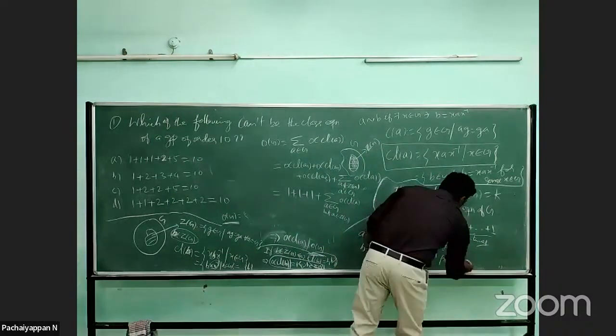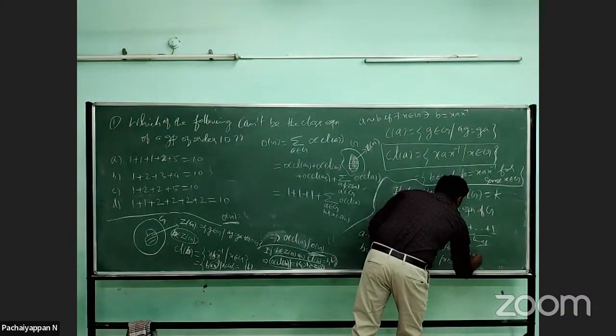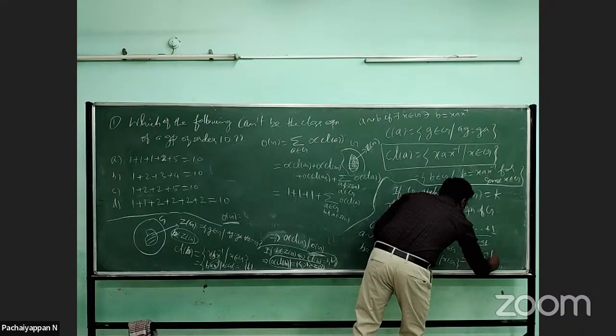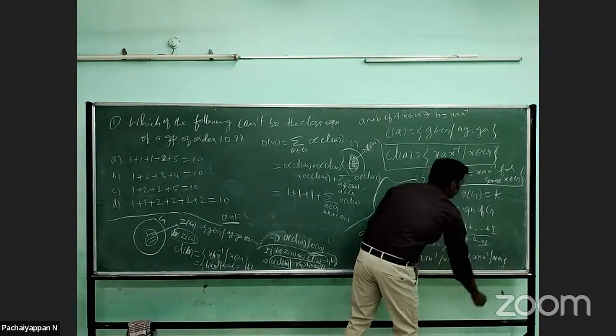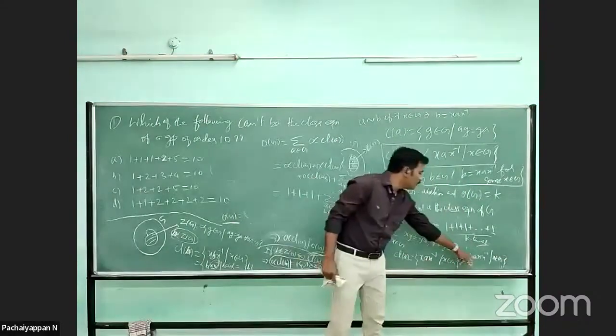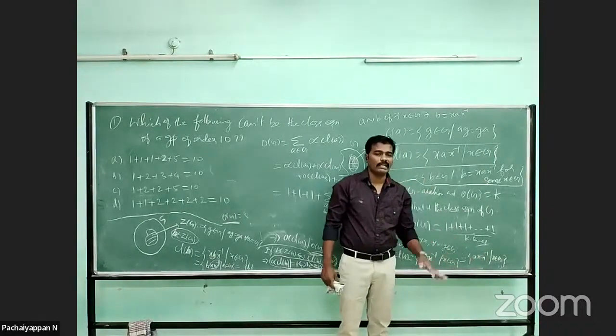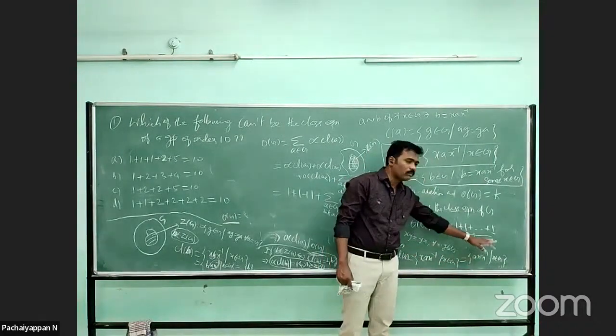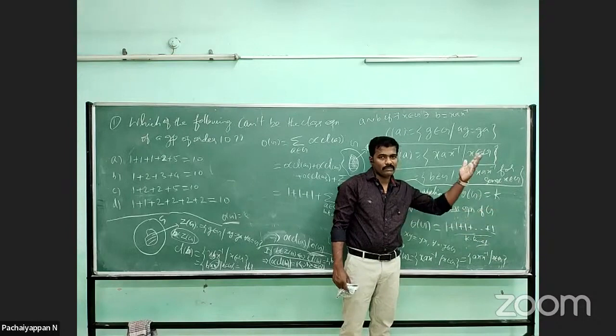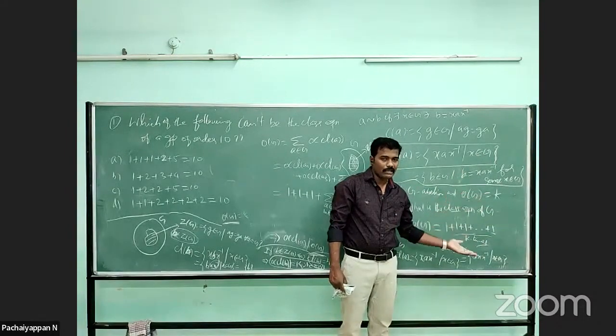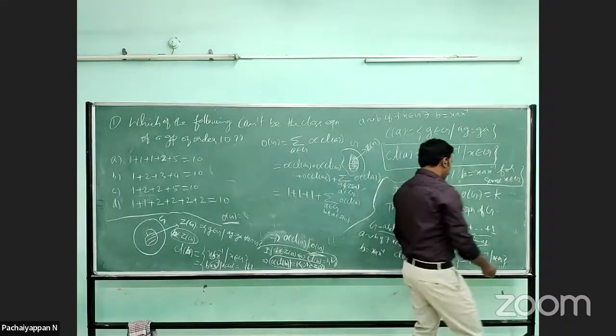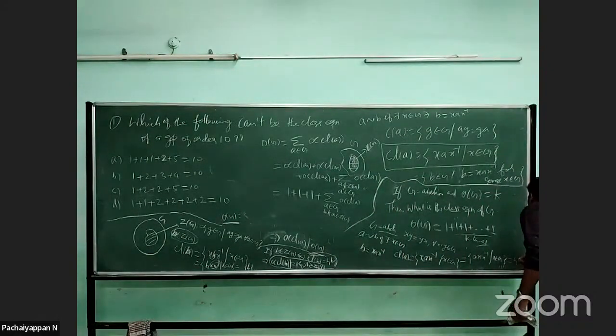Then x times x inverse becomes the identity. Now only A remains: identity A, and identity A only. So we are given only A.